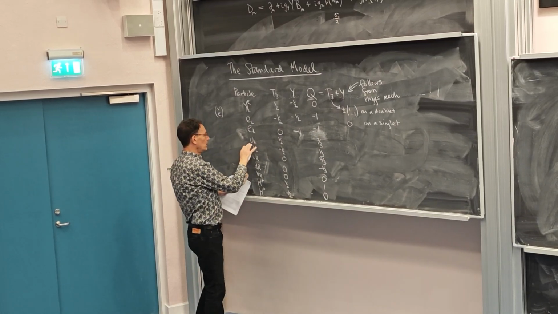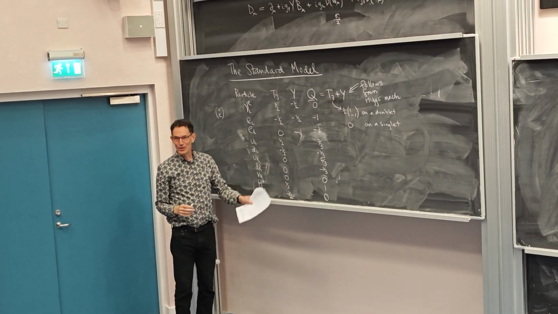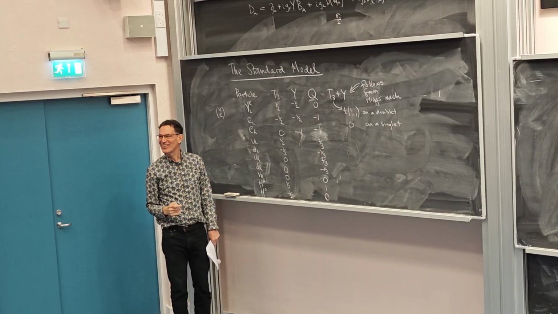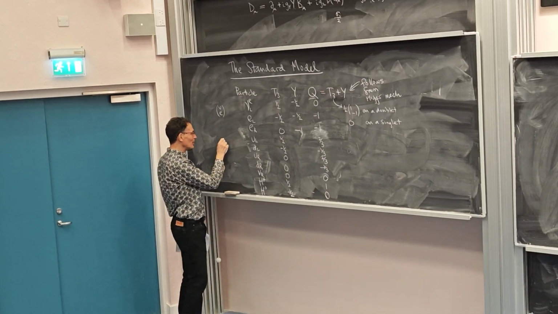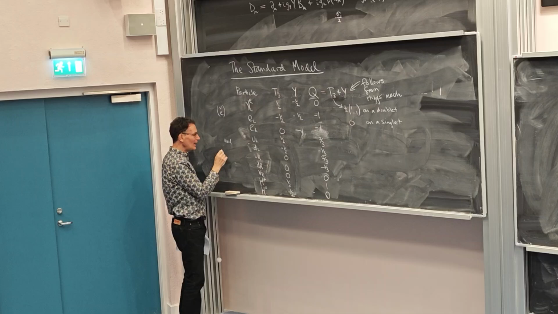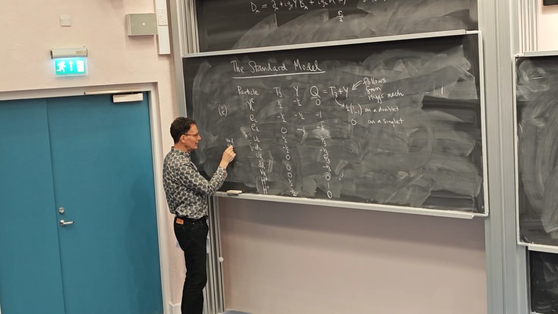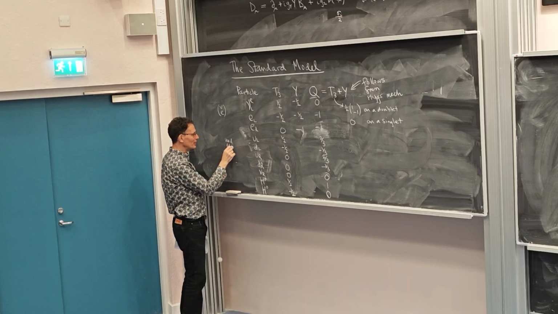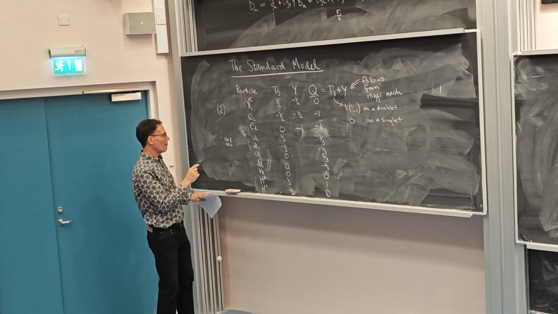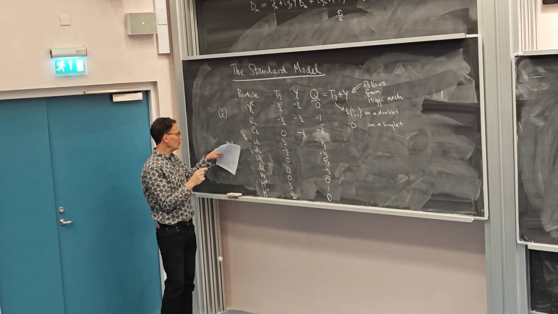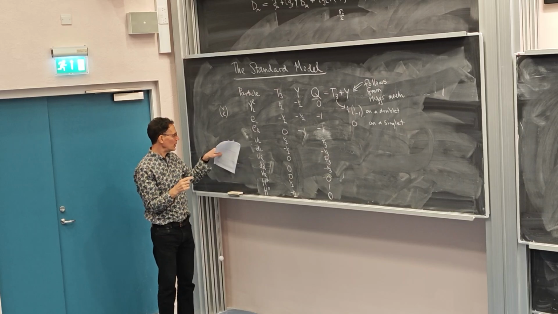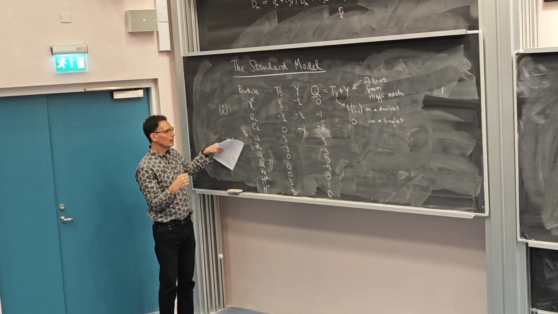Okay. Now, quarks, you have to remember the 2/3 and minus a third, which is a bit of a pain. But, you know, a proton is up, up, down. And a neutron is... what is a neutron? Down, down, up. So, yeah, the up quark has charge 2/3.